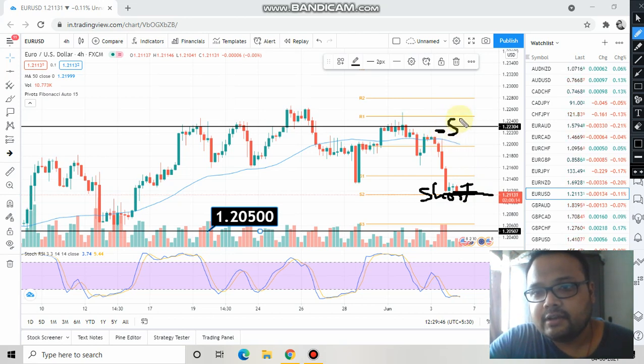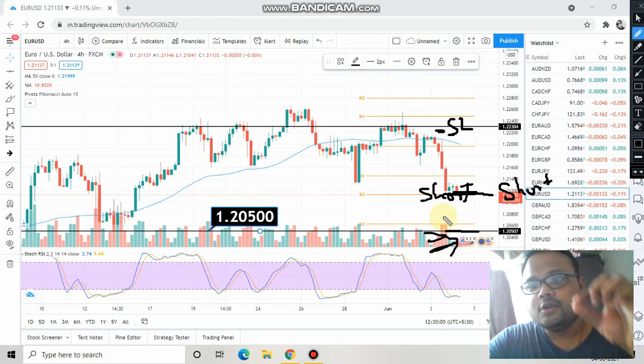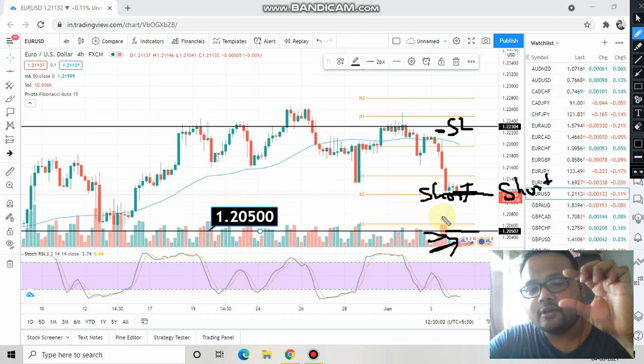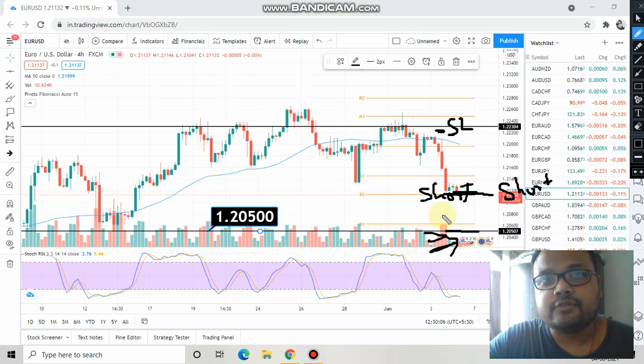If this level is your stop loss and you're shorting the market here, and this level is your next support level, then you can easily see that your risk to reward ratio does not match. Your SL is this much, and your reward is only this much. Your risk to reward ratio is not in your favor, and as I always say, never compromise with the trading discipline. So right now this is not the ideal position to short the market.